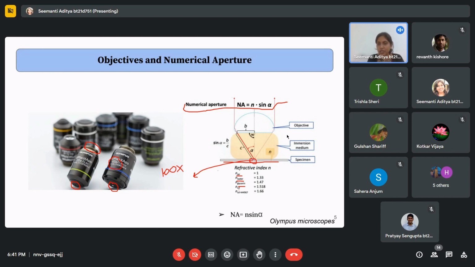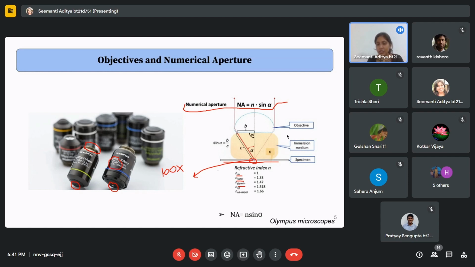But for higher resolution, the air present between the light source of the microscope and the sample has a refractive index that is not enough to excite the molecules inside the sample. So the refractive index plays an important role in changing the numerical aperture, or the NA, as we abbreviate it.